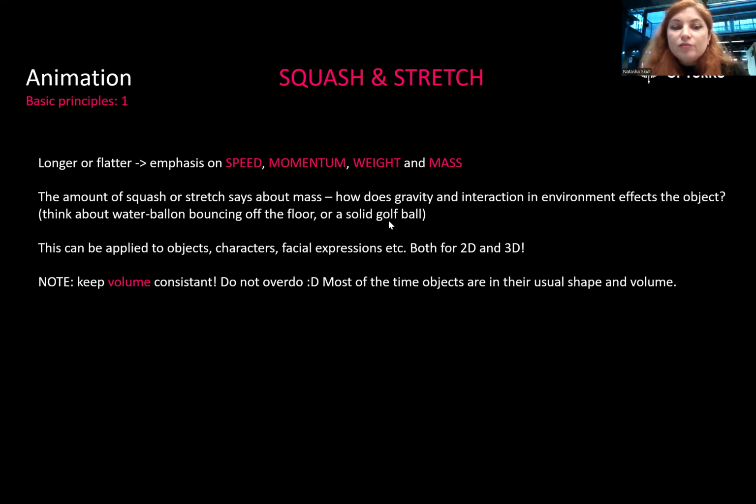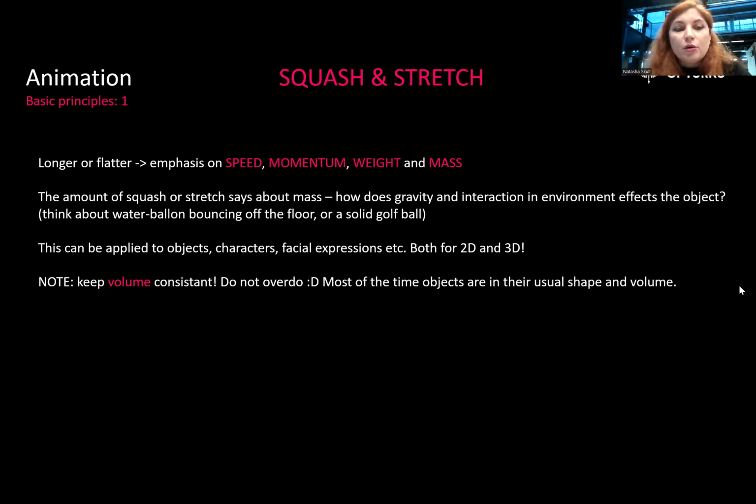So the amount of squash, like if something literally squashes like a pancake, the amount of squash or stretch, how is this going to go? It's all about the mass. So we are giving information of what the mass is, and what the force is upon which something is being affected.